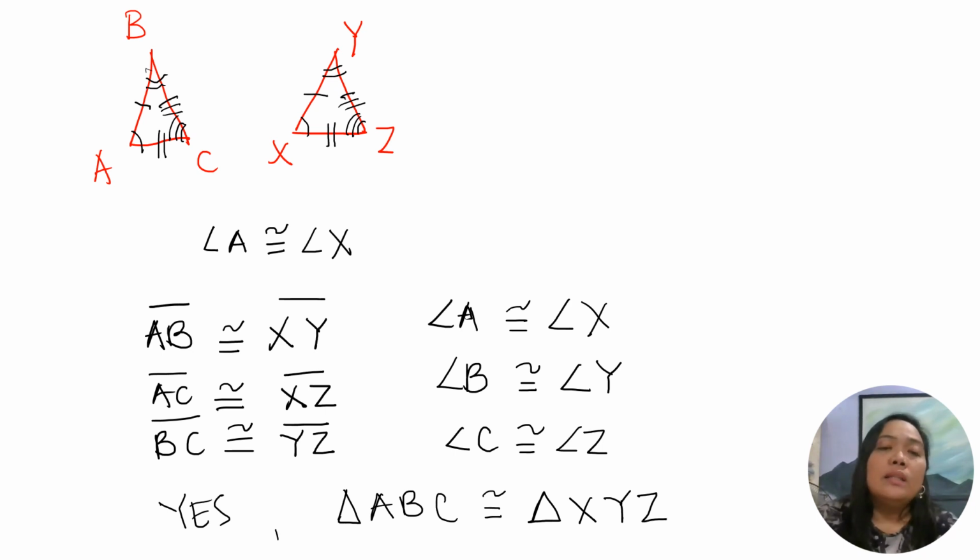Take note that from here, vertex A corresponds to vertex X of the other triangle. Vertex B also corresponds with vertex Y. And vertex C there corresponds with vertex Z of the other triangle. All the corresponding parts of triangle ABC are congruent to triangle XYZ.